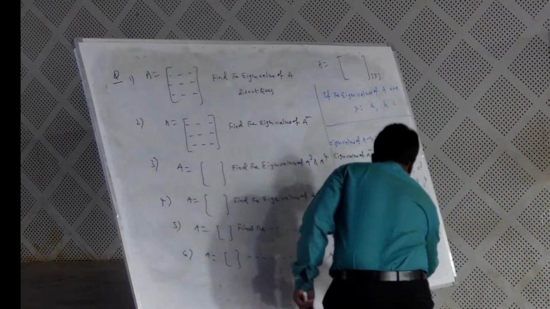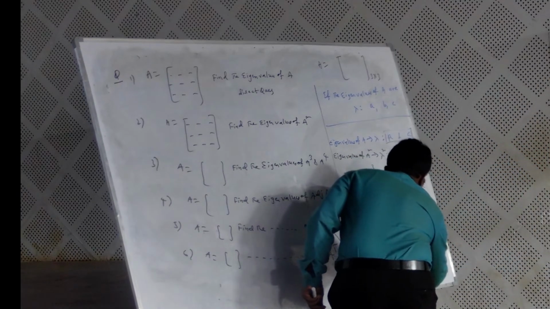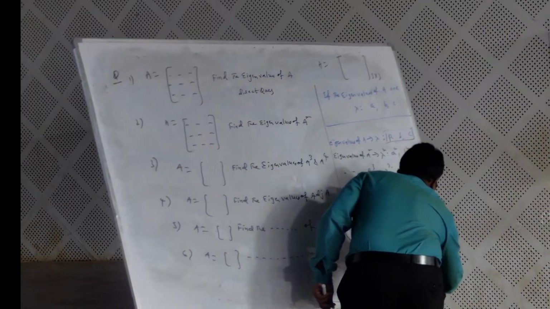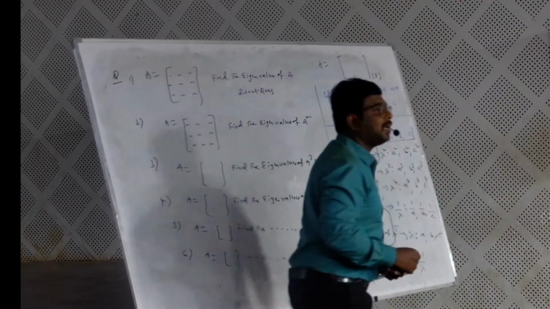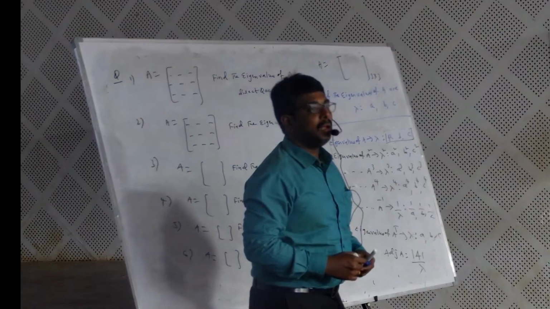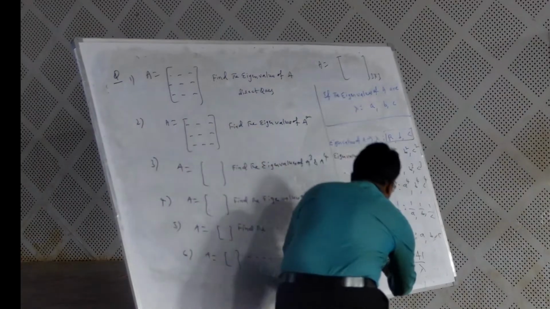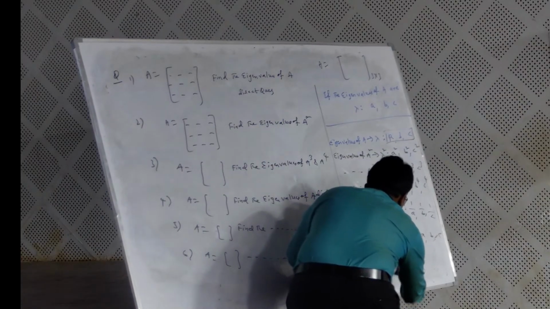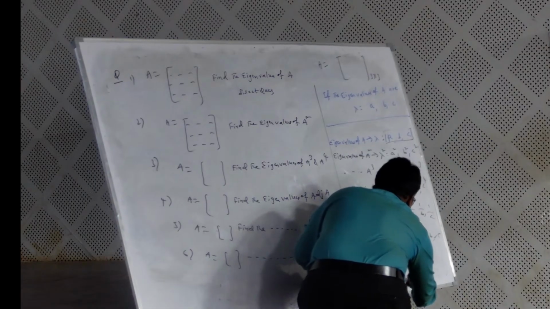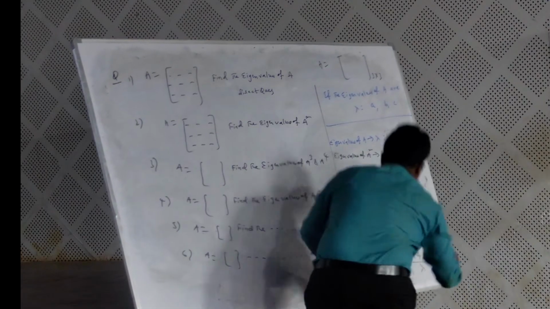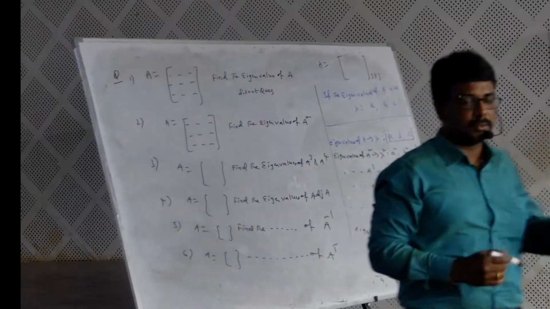Eigenvalues of A and A transpose are always the same, no change. And another one: adjoint A eigenvalues are determinant of A by lambda. What is the answer? Det A by lambda, that is, det A by A, det A by B, det A by C. Note this.